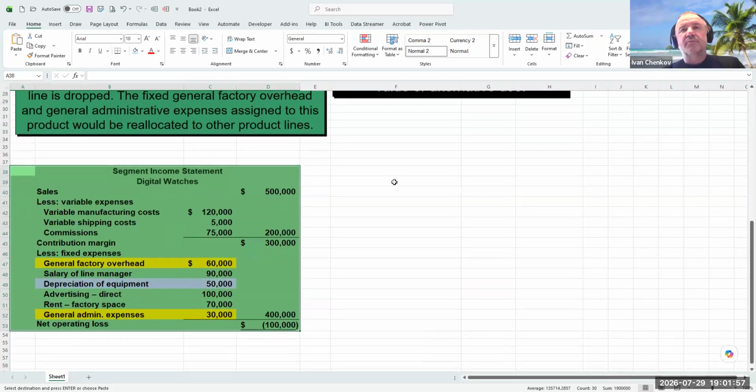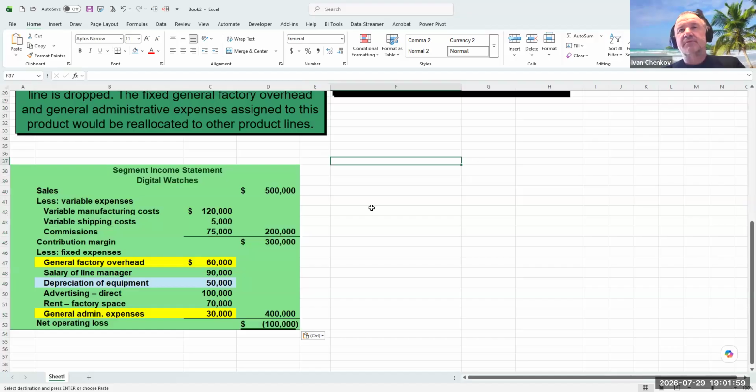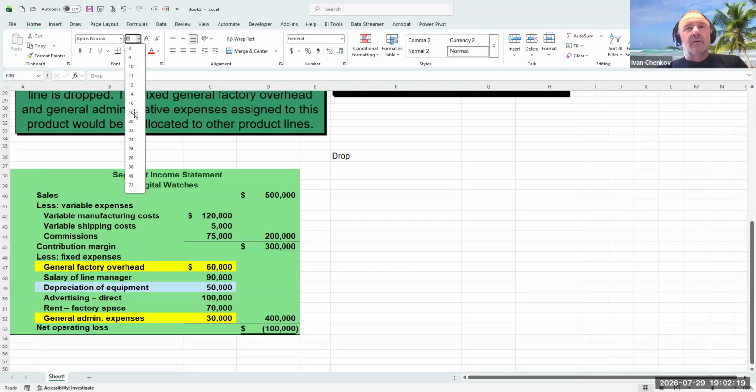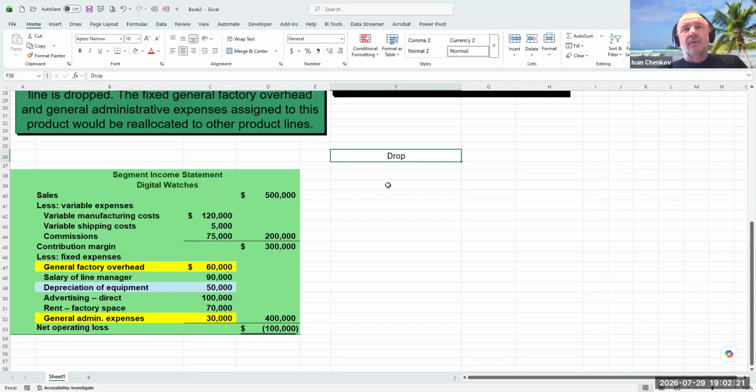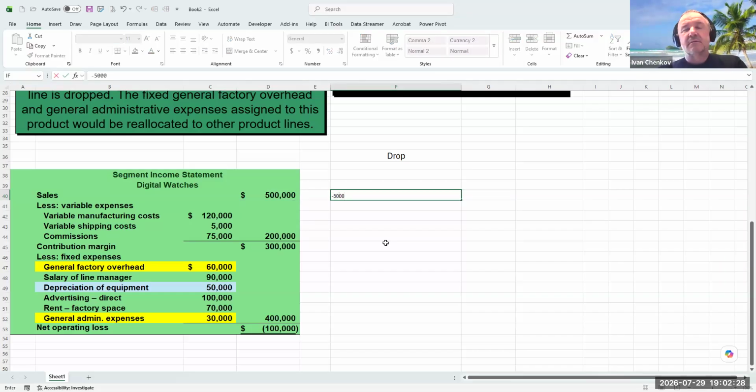Which differential approach will we take? If I drop a division, what can I save, and if I keep the division, what's going to happen? If I keep it, everything stays. If I drop this division, this will disappear, minus 500,000.